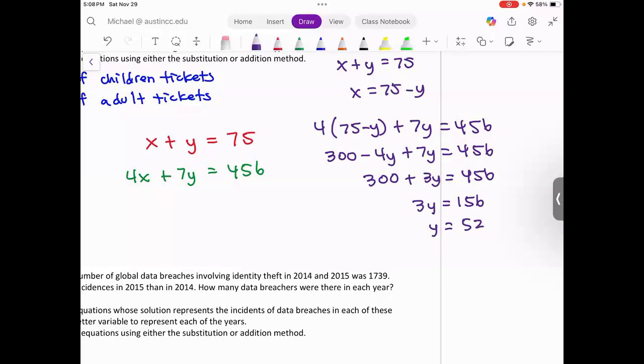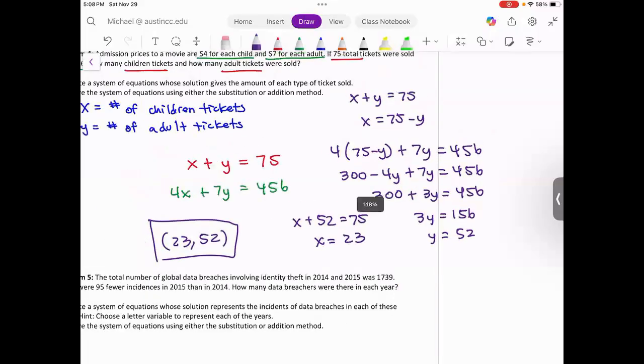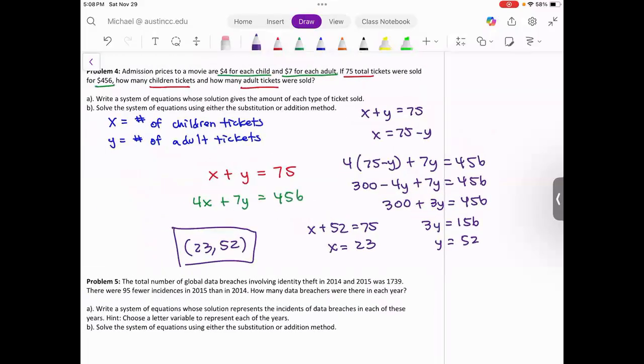Now, plug that back into either one of our equations, whichever one's easiest. I would go with that first one. So we'd say x plus y, or 52, equals 75, or x equals 23. So our answer is 23, 52. That means 23 children's tickets were sold and 52 adult tickets were sold.